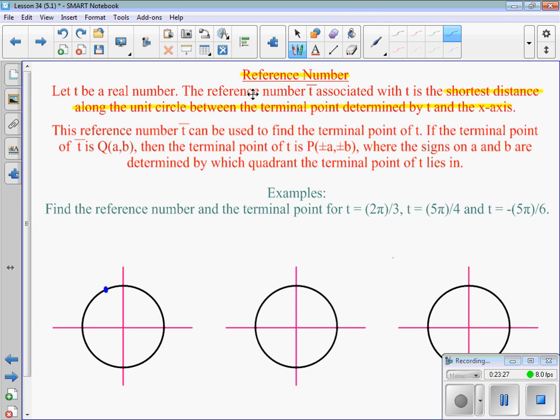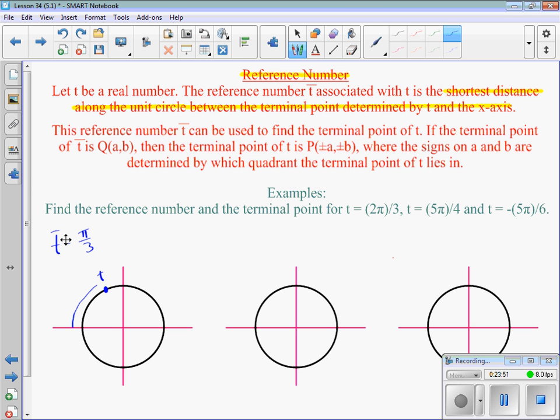So the reference number is the distance from here to here. So what would be the distance from here to here to get to this t value? Pi over 3. So my t bar is pi over 3.